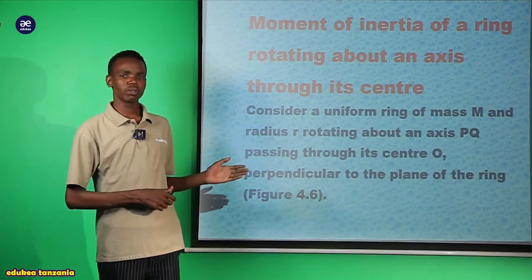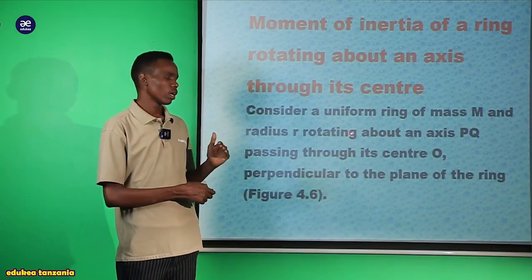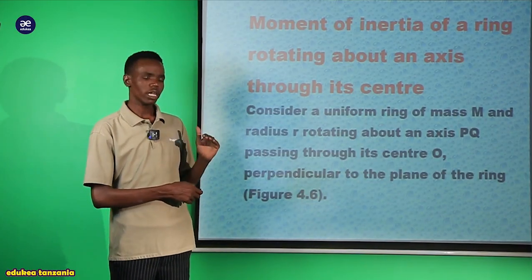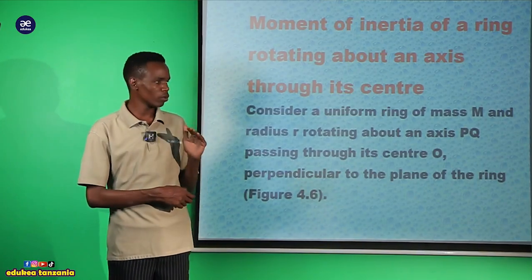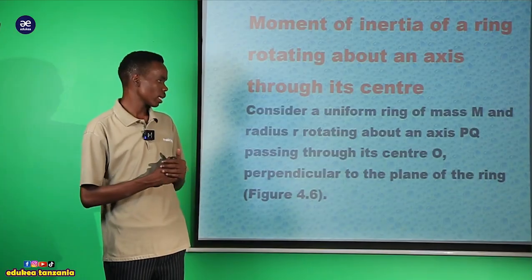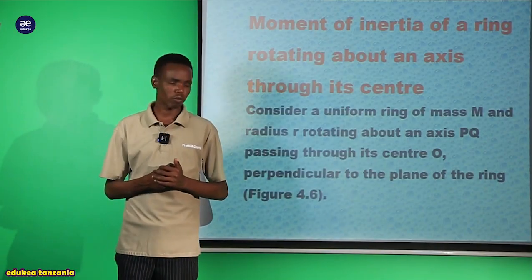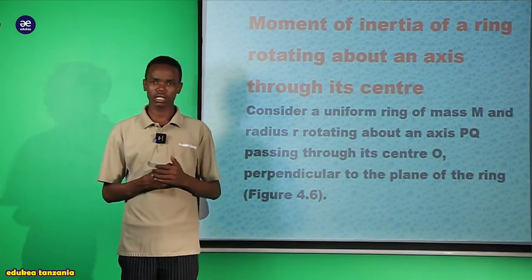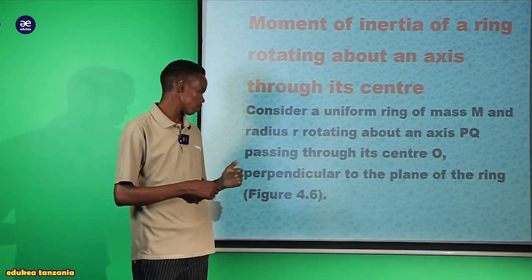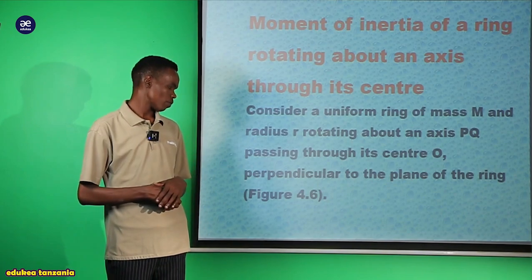Once we observe our statement here: consider a uniform ring of mass M and radius R, about an axis PQ passing through its center O, perpendicular to the plane of the ring.